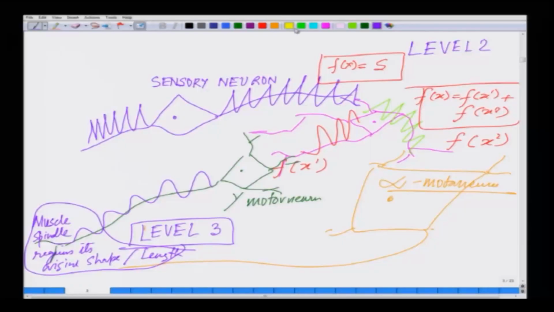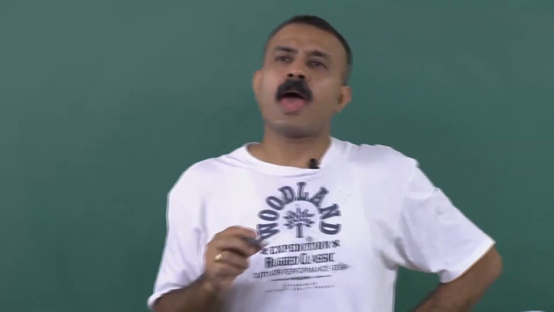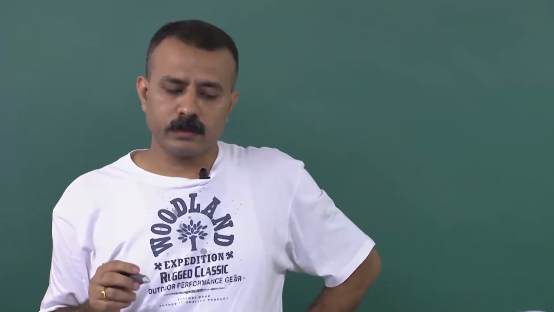So, now what we will do is talk in greater detail about this particular part of the circuit, where the alpha motor neuron is communicating its information to the extrafusal fiber, and this it does at the neuromuscular junction. Okay.